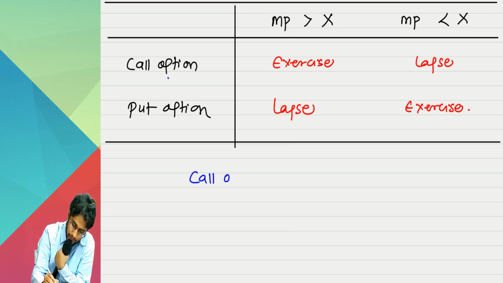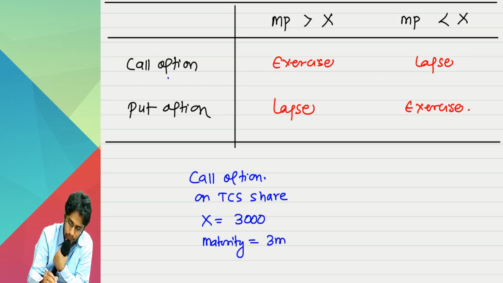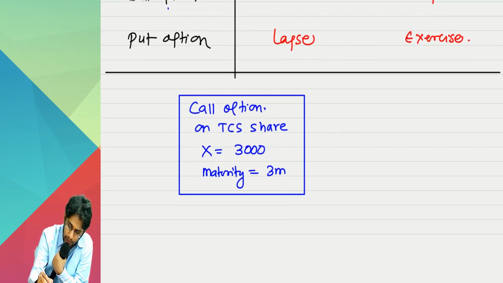Suppose, sir, there is a call option on TCS share. Exercise price is 3000. Maturity is 3 months from now. This is today's data, sir. I am telling you today's market price only.